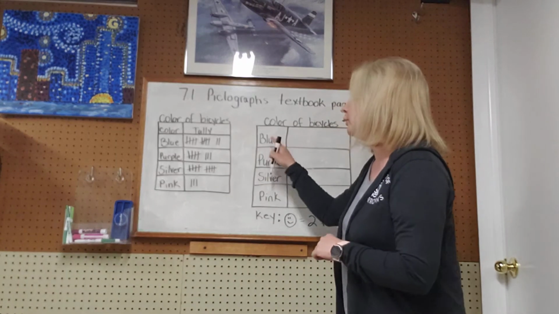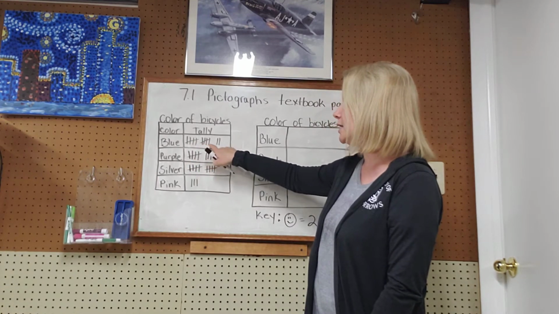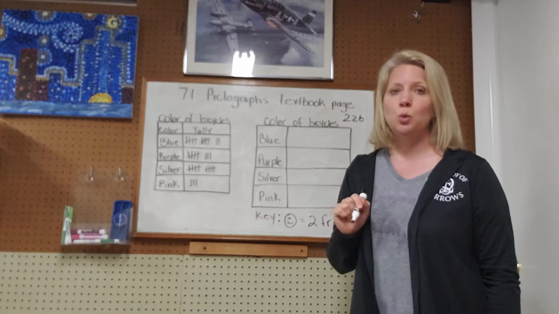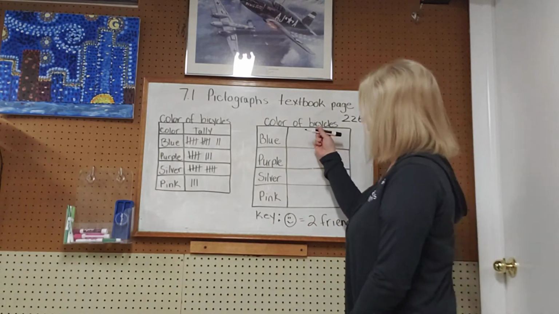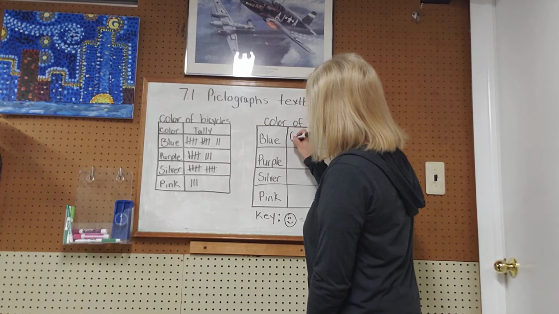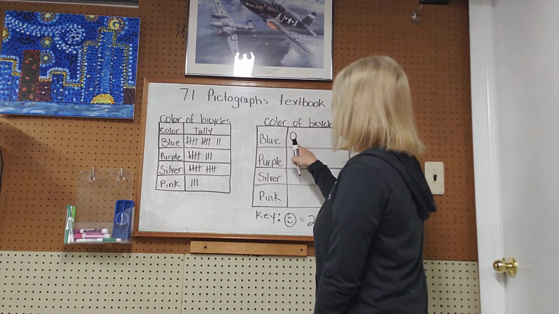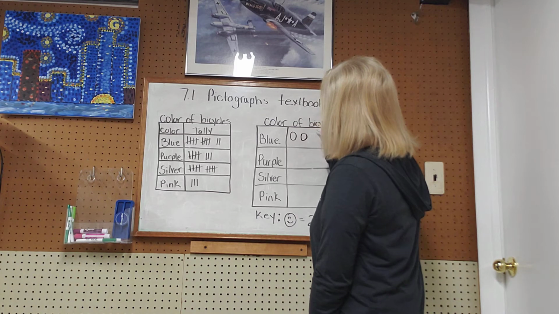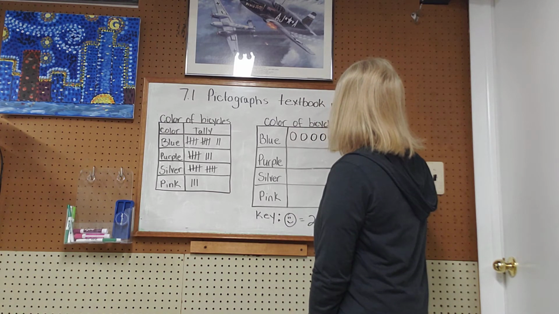Let's start with blue. Well, we know that is 5, 10, 11, 12. 12 friends liked blue. So let's count by 2s because it's worth 2. 2, 4, 6, 8, 10, 12.